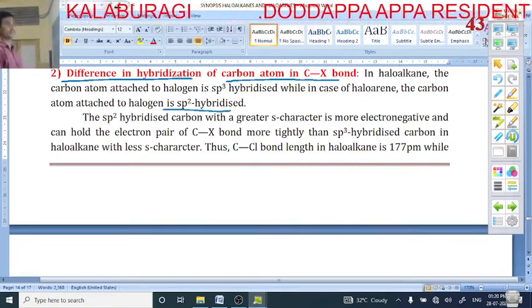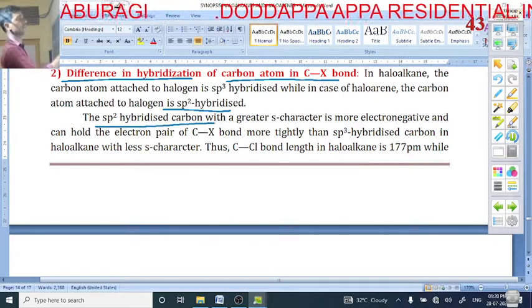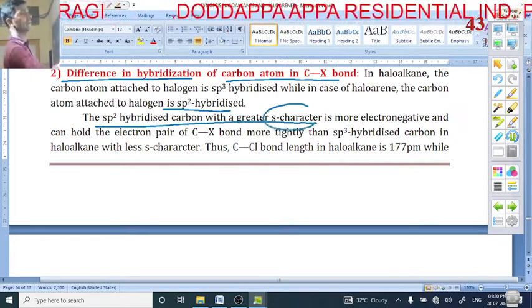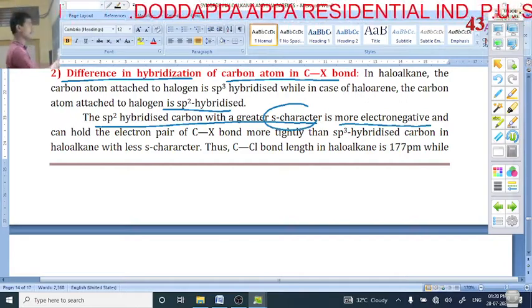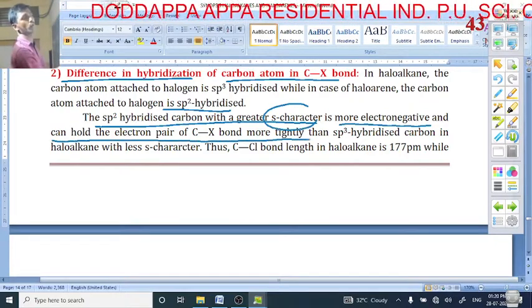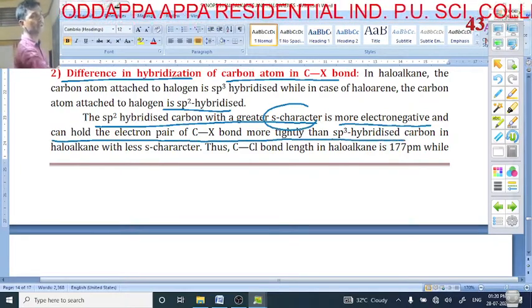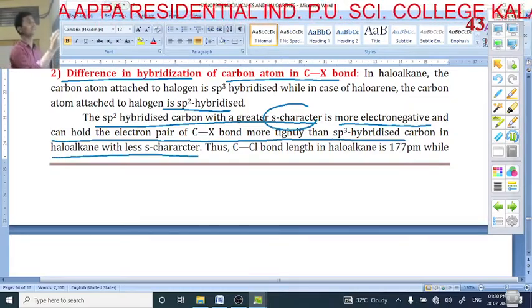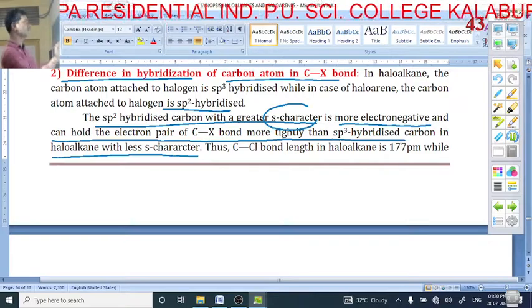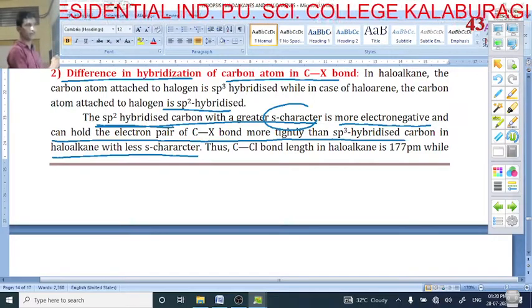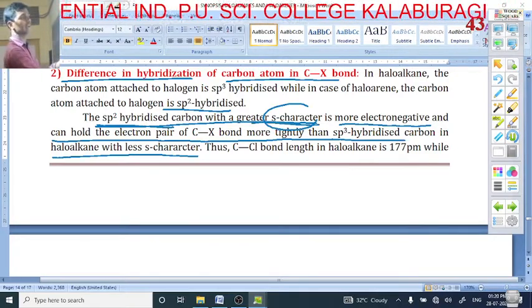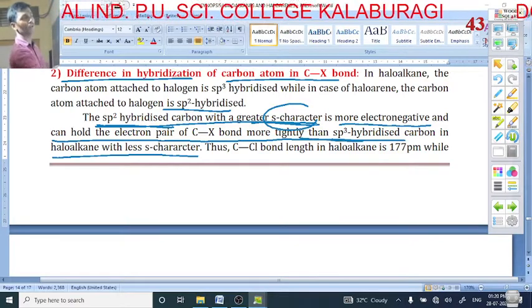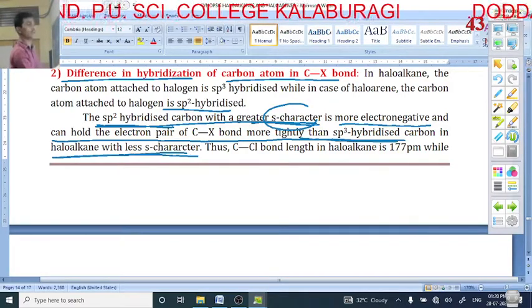The sp2 hybridized carbon atom has greater s character, is more electronegative and can hold the electron pair more tightly. In haloalkane, the carbon is sp3 hybridized with less s character. So aryl halides are less reactive because they are sp2 hybridized with greater s character, while haloalkanes have less s character.